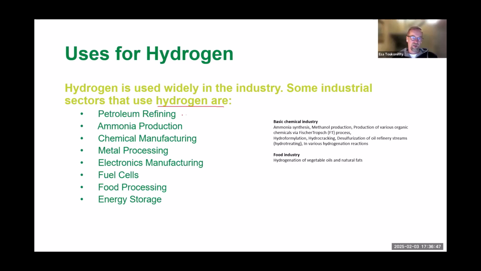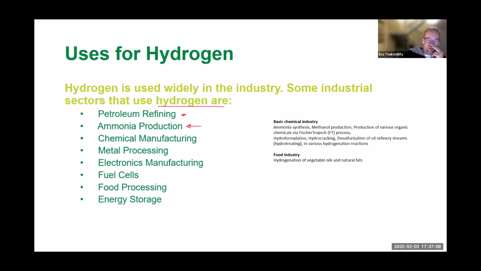When we talk about petroleum refining, so basically producing all sorts of modern hydrocarbons, fuels, lubrication oils, and many other basic chemicals, there hydrogen is used in several different processes.